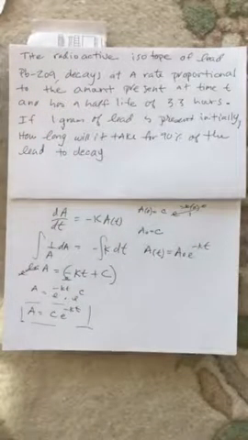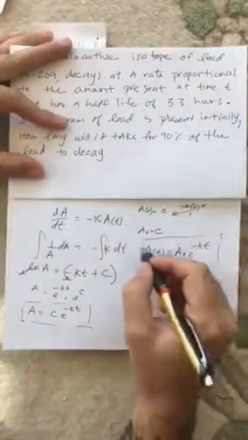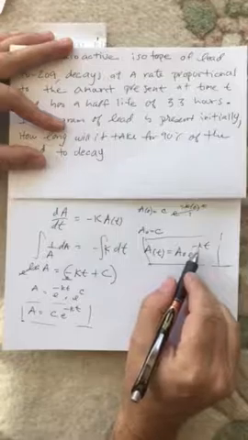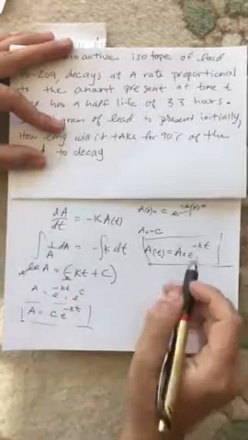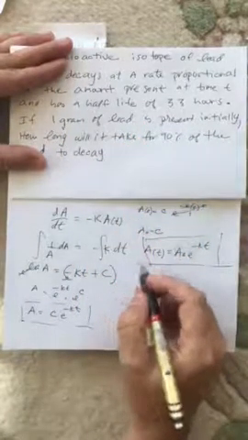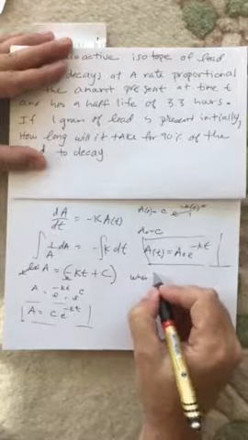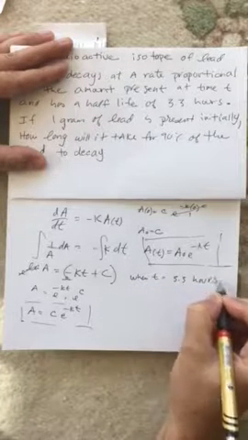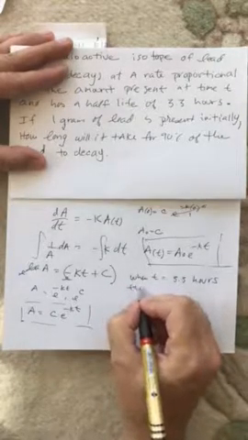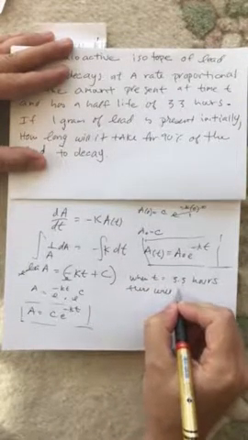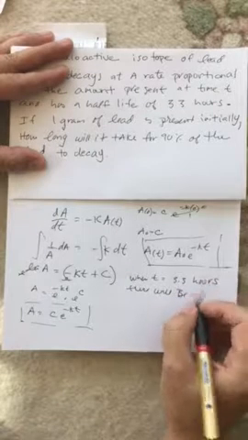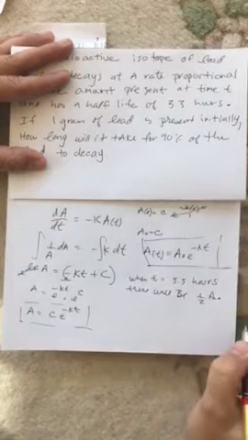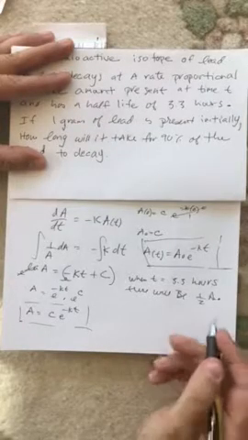Now we need to find k. So this is our second big step. We found C. C is equal to A0. Now we need to find k. Well, what do we know? We know that when t equals 3.3 hours, there will be 1/2 A0, the original amount, left.